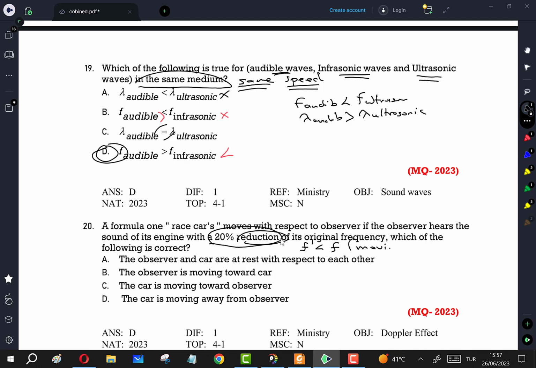Source and observer are relatively moving away from each other. So A, observer and car are at rest with respect to each other? No. Observer is moving towards the car? No, they don't move towards each other. They must move relatively away from each other. The car is moving towards the observer? No. The car is moving away. One of them must move away or both of them must move away from each other. So D is the correct choice.